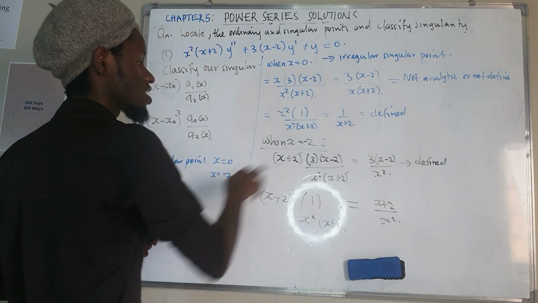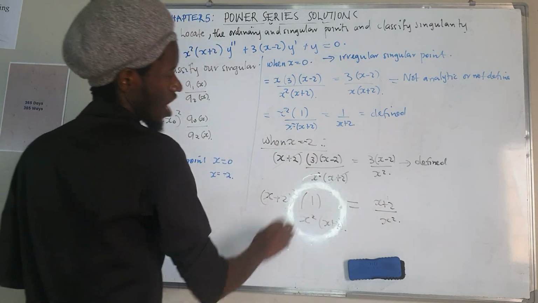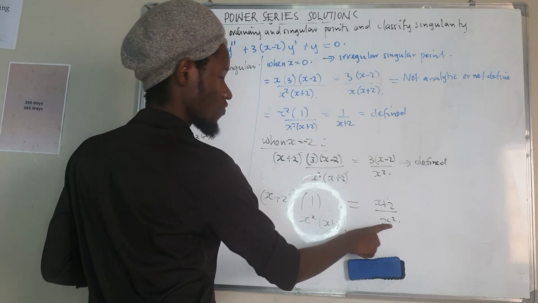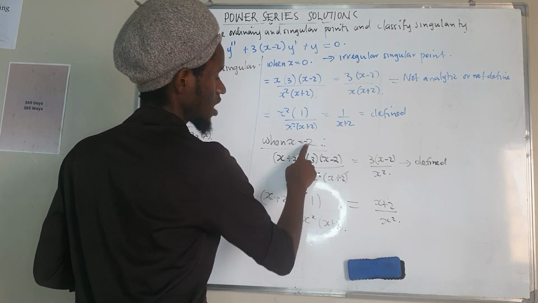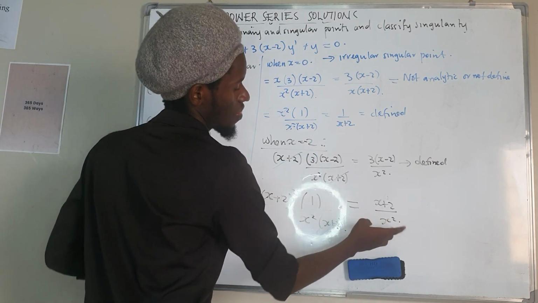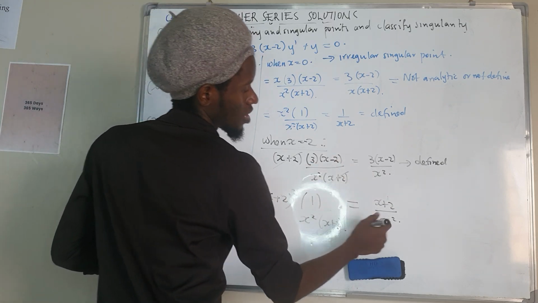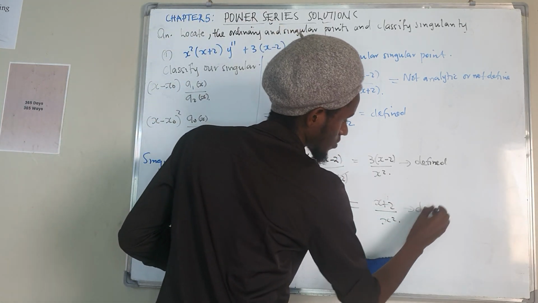Now, if I put in x equals negative 2 in this function, I have x squared down here, which is negative 2 squared, which is 4. Therefore, this function is defined because it is not 0 down here. Therefore, this is also defined.